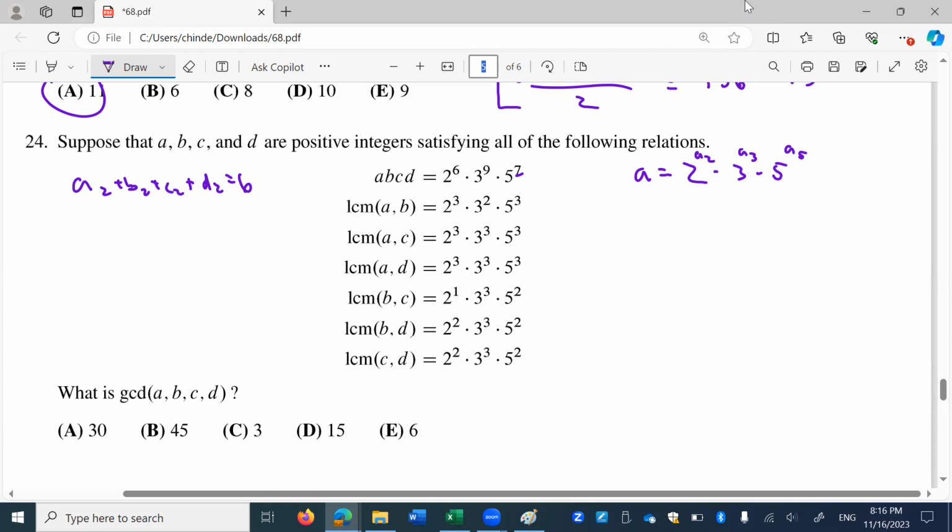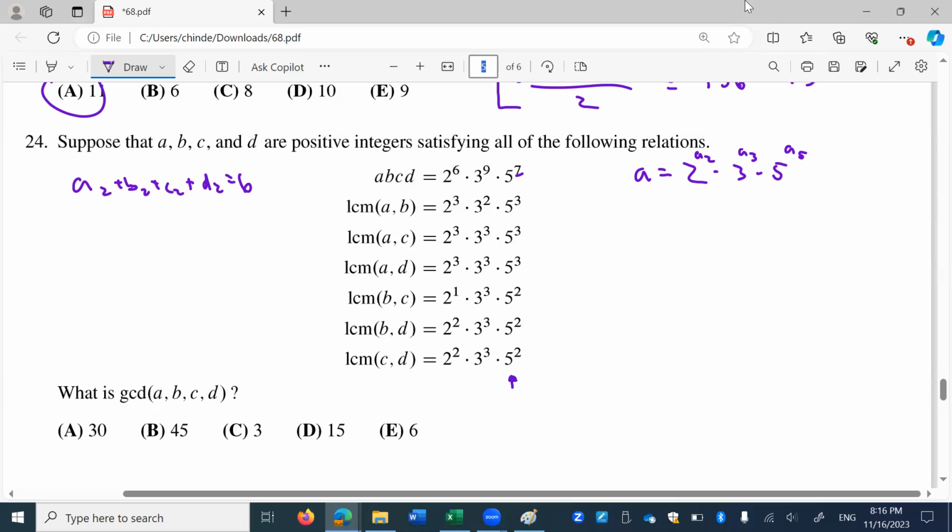When I look at the least common multiple, let's just focus on one column at a time. So focusing on the 5s, between A5, B5, C5, and D5, the LCM is going to be the larger of the 2 exponents.